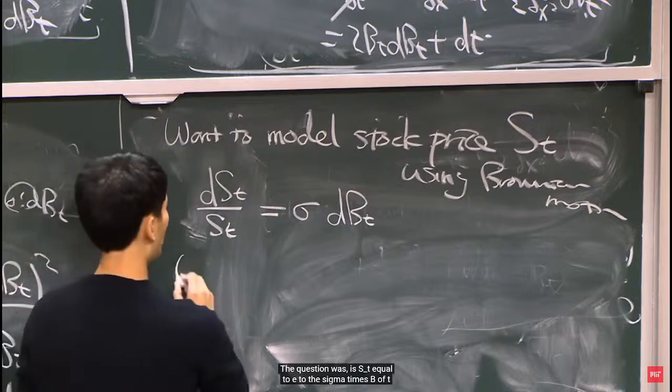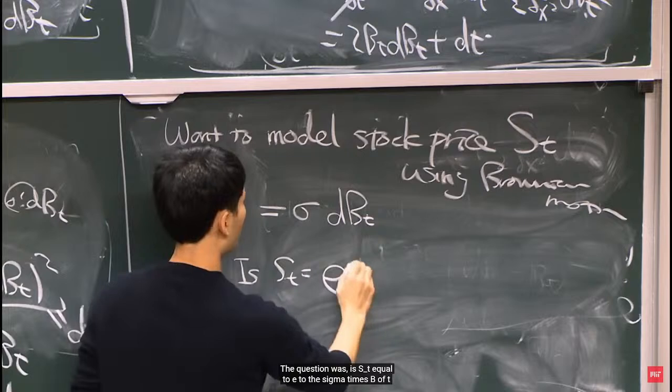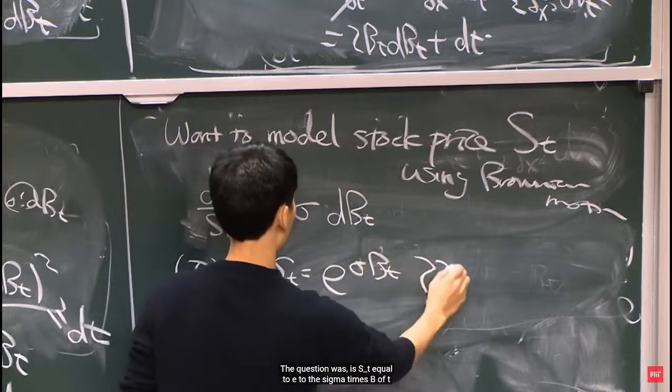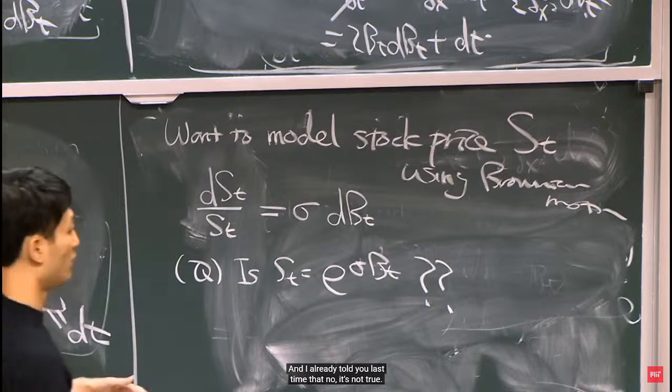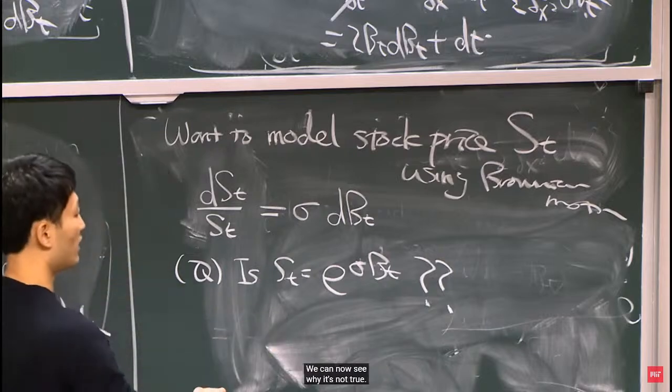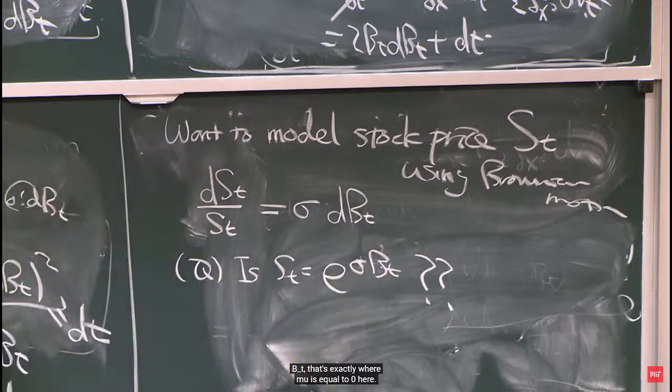Okay, the question was, is S_t equal to e to the sigma times B_t in this case? And I already told you last time that it's not true. And we can now see why it's not true. So take this function, S_t equals e to the sigma B_t. That's exactly when mu is equal to 0 here.